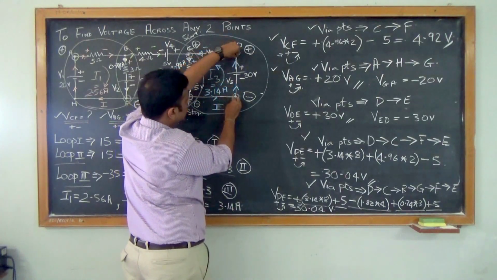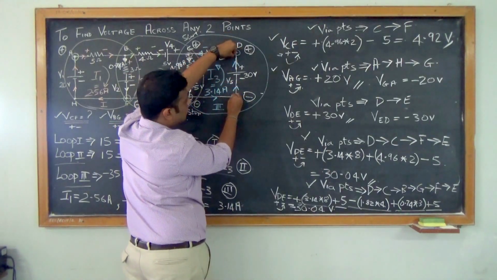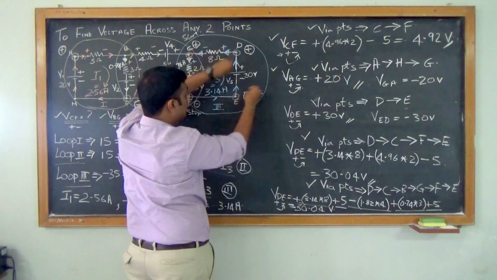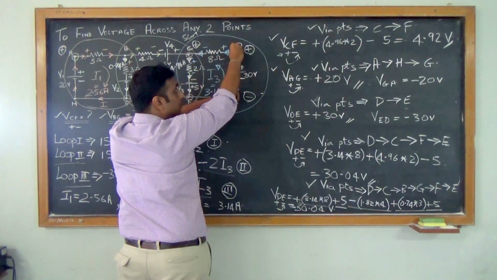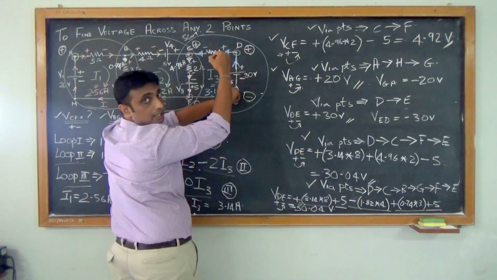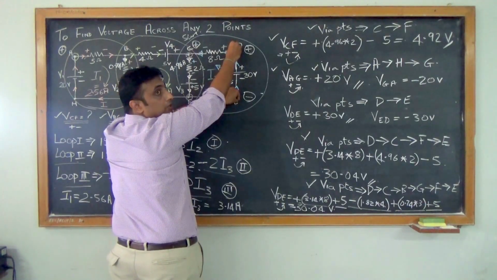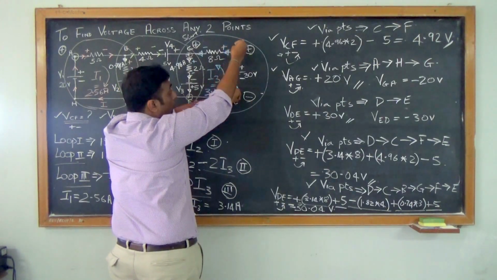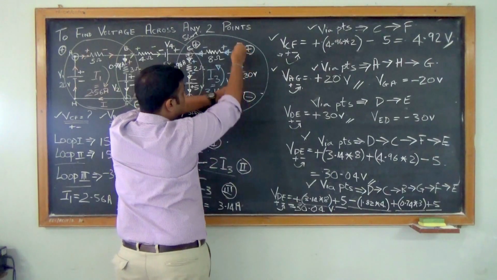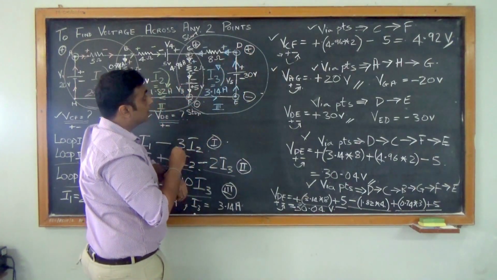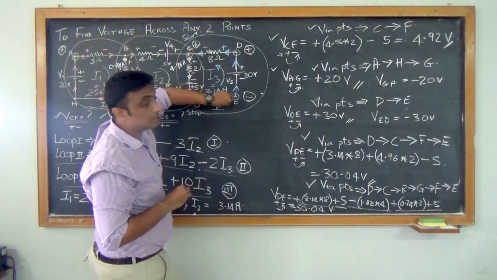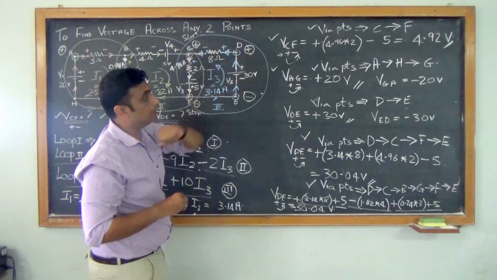Initially this was my positive and this is my negative, which was plus 30. But if I change it, it will become minus 30 because of the polarity which is here. So I'll get minus 30 volts. So in other words, if I'm changing my polarity, even the change of terminals will create the same effect.